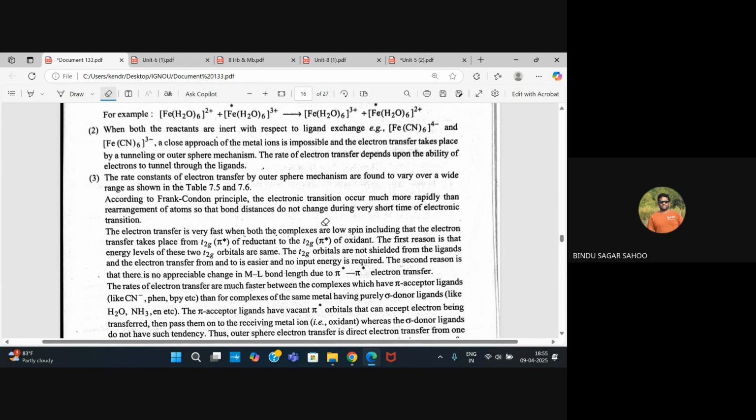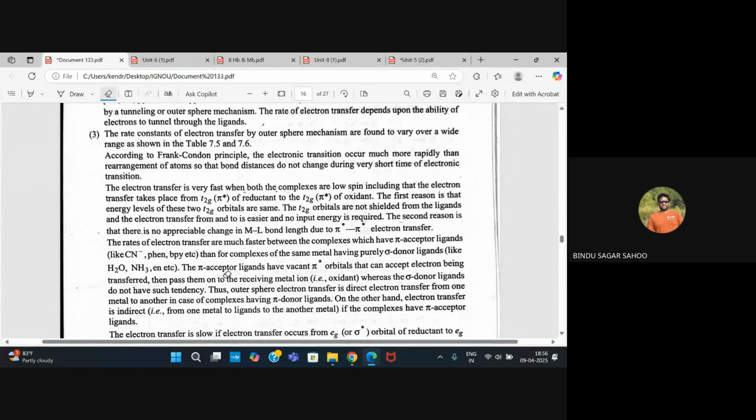Pi star to pi star, or t2g to t2g, because pi orbitals are not shielded by the ligands, so pi electron density is not shielded. But sigma electron density is shielded by the ligands, so sigma to sigma transfer is not fast, while pi star transfer or t2g to t2g transfer is a faster electronic process. You can read these theories here.